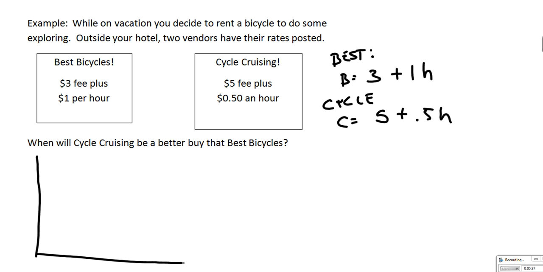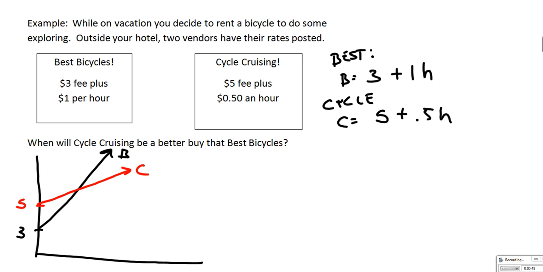This is going to be a very crude graph here. So for Best, we're starting at $3 and going up with a steeper slope of $1 per hour. For Cycle Cruising, we're starting at a higher vertical intercept of $5, but we have a more gradual slope.